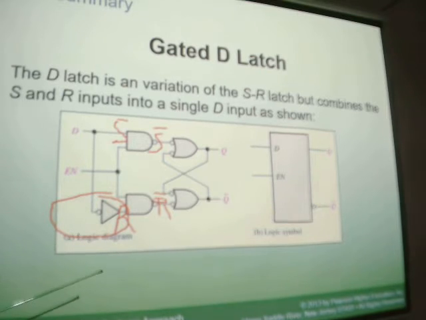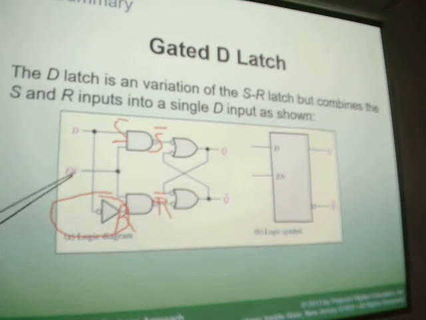Right? Yes. So the D latch is a variation of the SR latch, and the two combinations are not presented on this diagram.